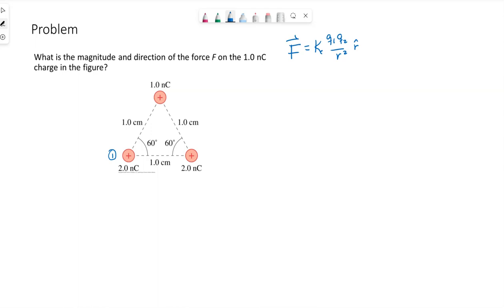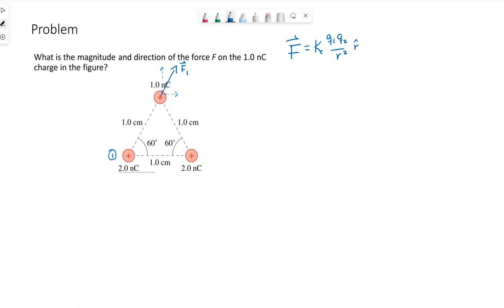The only force I want to draw, though, is the force that the 1 nanocoulomb charge is experiencing. And since they're repelling, it's going to experience a force that points directly away from that charge. So this equation is going to allow us to find F1, which does have X and Y components.